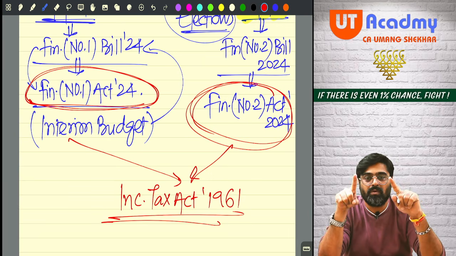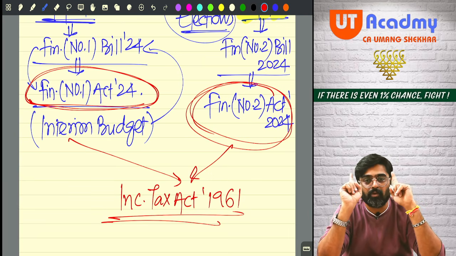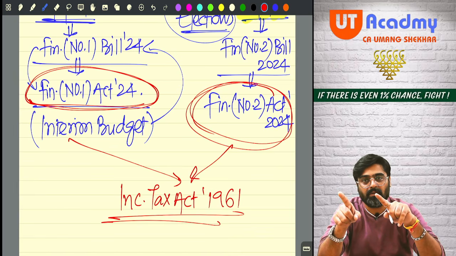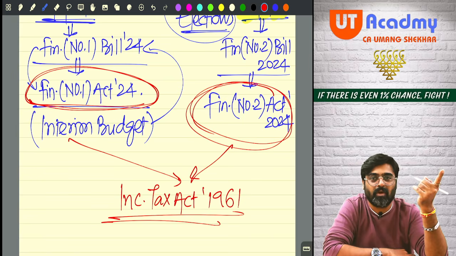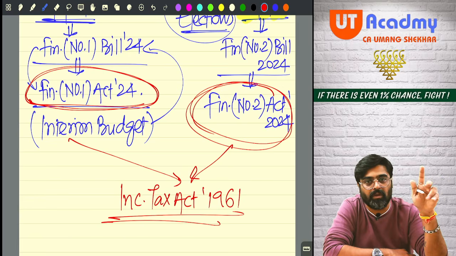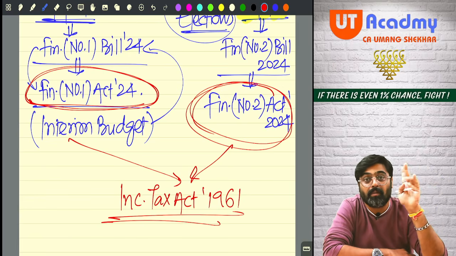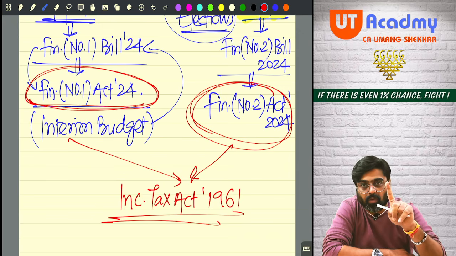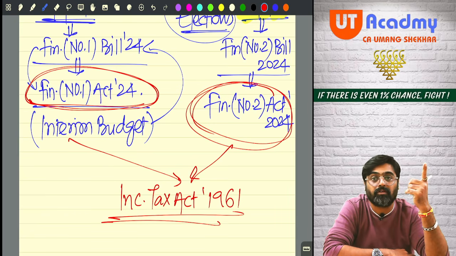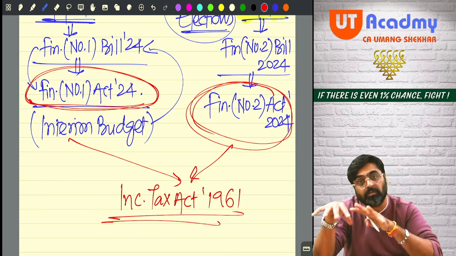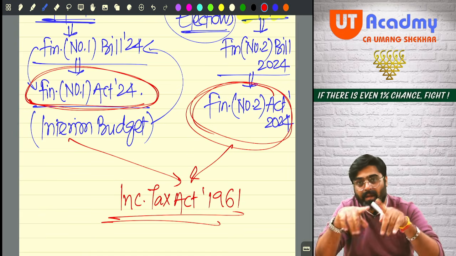You all know it is very important that you pass the September attempt. If you don't pass the September attempt, you will get only one chance, January 26, because in January 26 also the same law will be applicable. But unfortunately, if you don't qualify in these two attempts, what will happen? You will have to appear for May 26, and in May 26, whatever law you have studied will not be applicable.